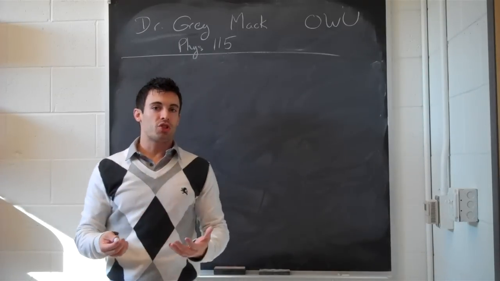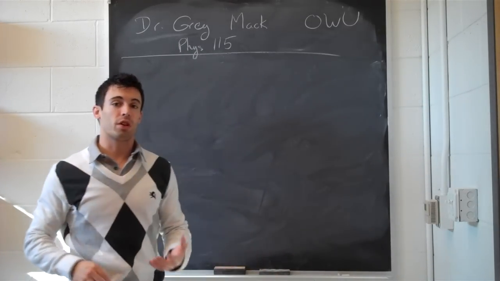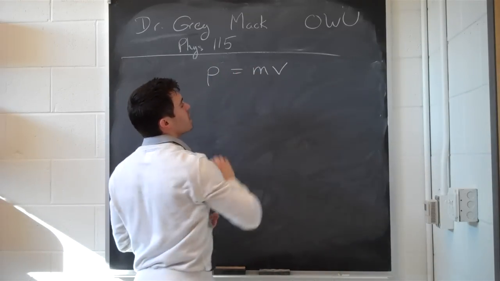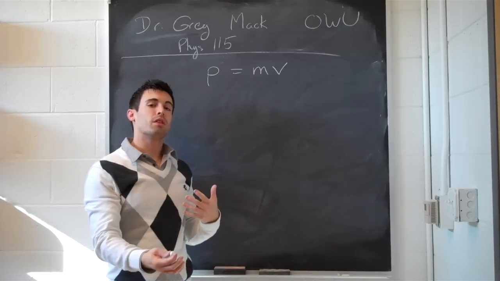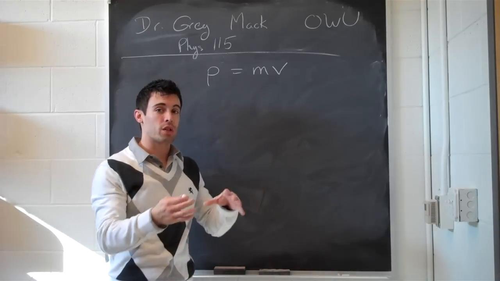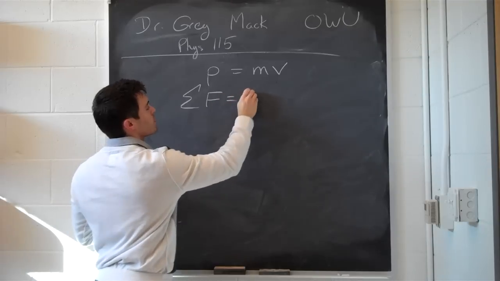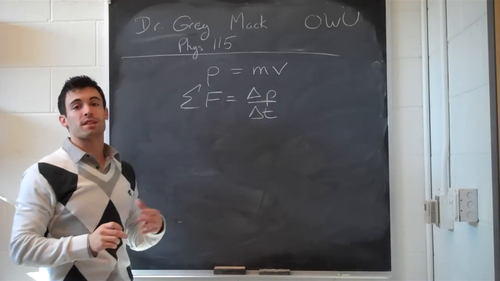So the other portion we mentioned today was the angular momentum. And I'm going to bring you back to the definition of linear momentum, where linear momentum is equal to an object's mass times its velocity. And talking about the characterization of what force is in terms of momentum means that the sum of our forces is equal to a change in momentum with respect to time.